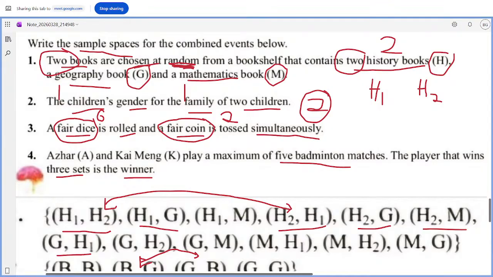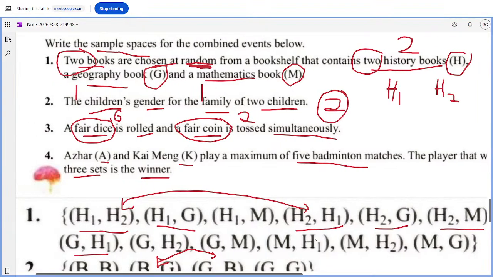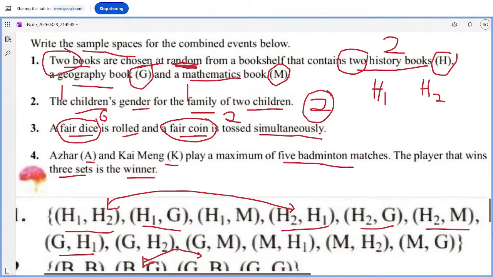You can use the symbols A and K, then you can find out the total sample space. Anyone? Final answer? How many sample space do you have?